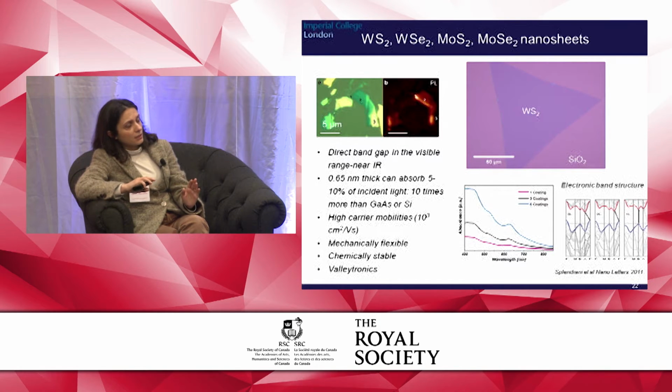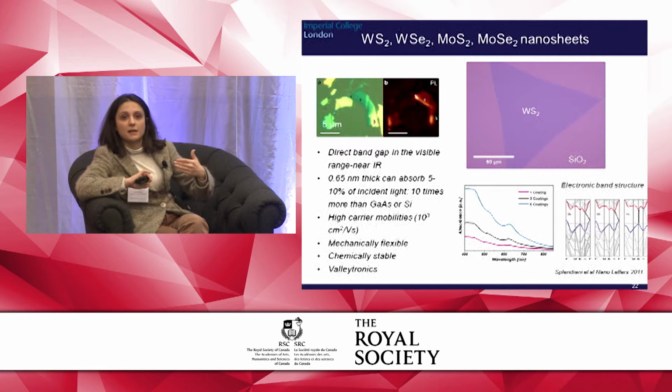And then we can see how different colors indicate the presence of different numbers of layers. And then we see on the right-hand side an image of the same flakes, but in this case we are imaging the light that those flakes are emitting.